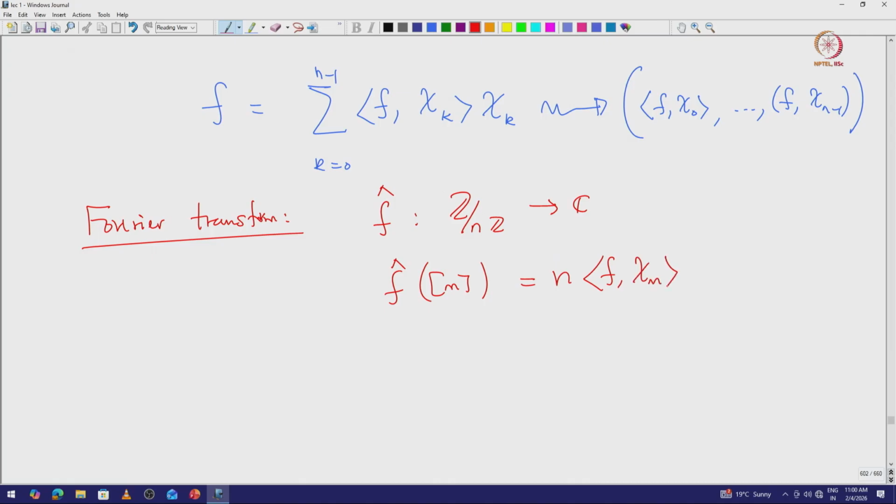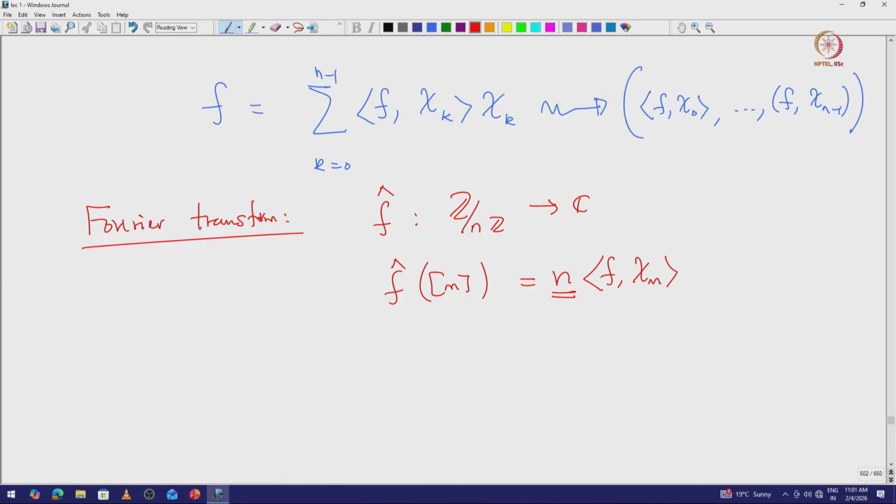Note that multiplying by n is just adjusting the scalar, it does not make any big difference, but all we want to record is these values, the inner product f comma chi m, and that is indeed recorded using this f hat.